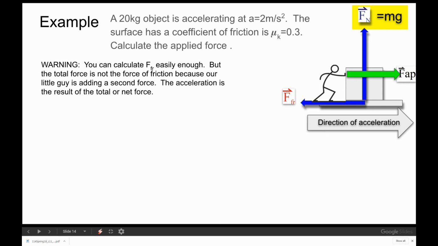The acceleration is a result of the total or net force. The previous problem had a single force, just friction. This one, the object has got two forces on it. The man pushing an applied force and the force of friction. So net force is going to be a combination of two.